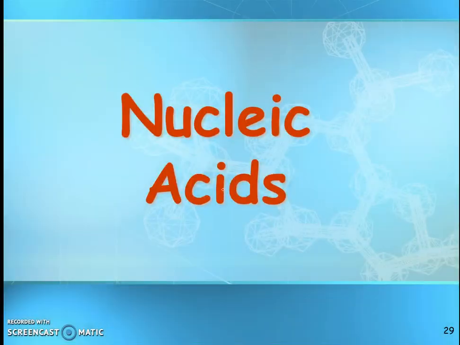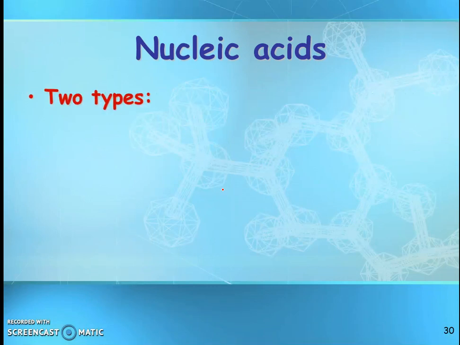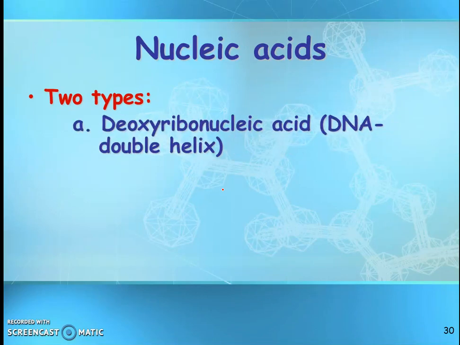Nucleic acid is one of the most important parts of your body. Nucleic acids are biopolymers, or large biomolecules, essential to all known forms of life. There are 2 types. One is deoxyribonucleic acid, called DNA, and its shape is a double helix.